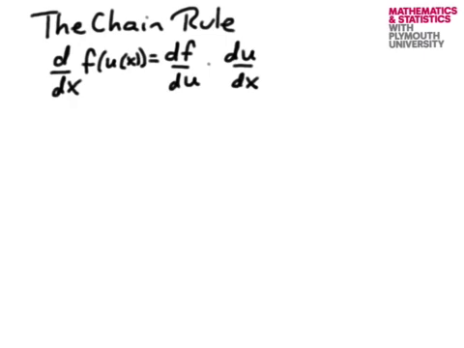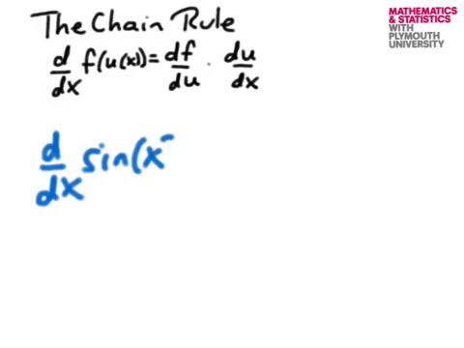What I want to do is differentiate the sine of x cubed with respect to x. Now to do this, it's helpful to identify what our inner function is here, and this means that u is going to be x cubed.